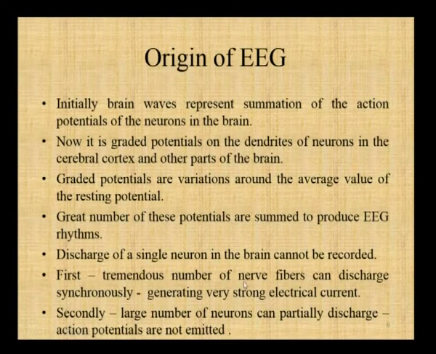So, in the first case the nerve fibers will be discharging synchronously, hence we will be going for the recording. In the second form the neurons will discharge partially, hence there will be no production of action potential, hence it will not produce any recording of EEG waveforms.